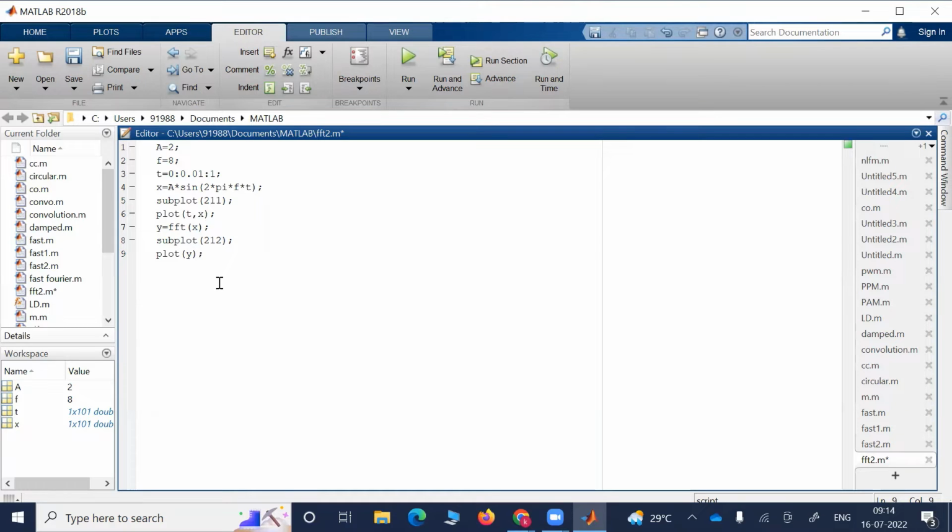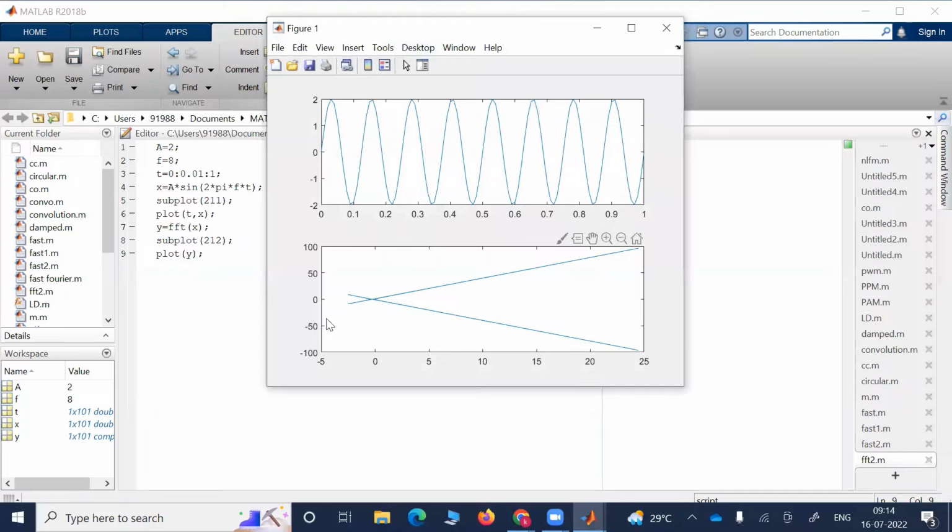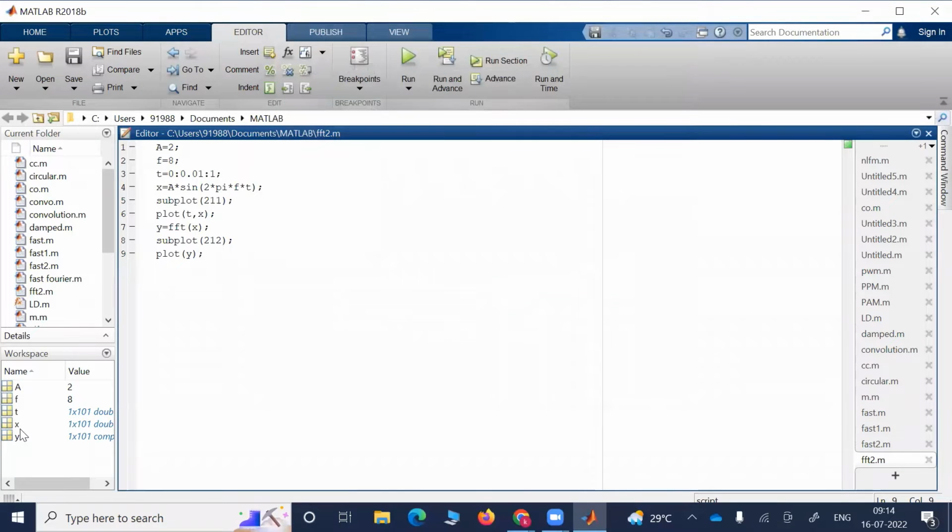FFT of x computes the discrete Fourier transform of x, and the number of samples will be the same as the signal x. Now I'll run the program, and if you see the graph, why we got a graph like this is, if we check the values of y over here.